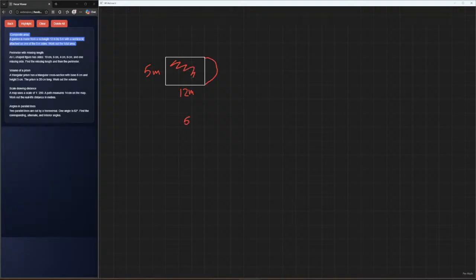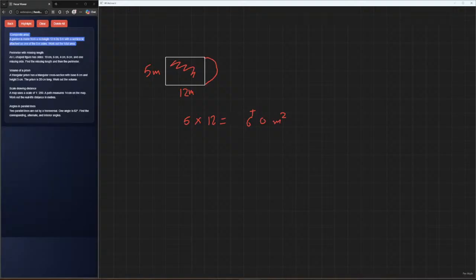So it's 5 times 12, which is what? 2 times 5 is 10. Then 1 times 5 is 5 plus 1 is 6. So it's 60 meters squared.